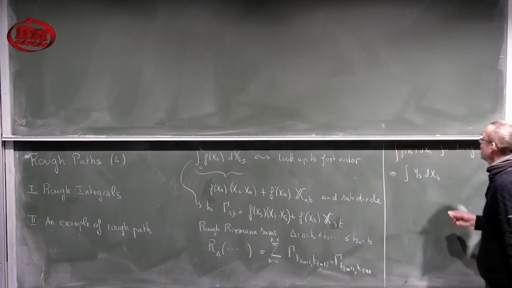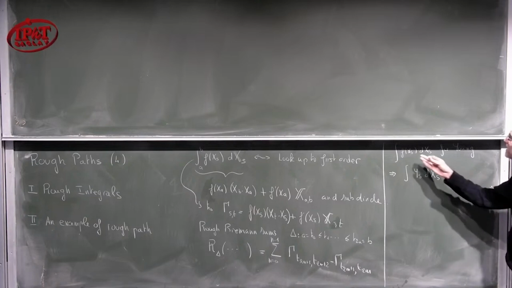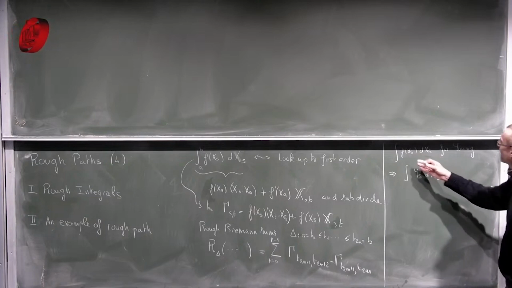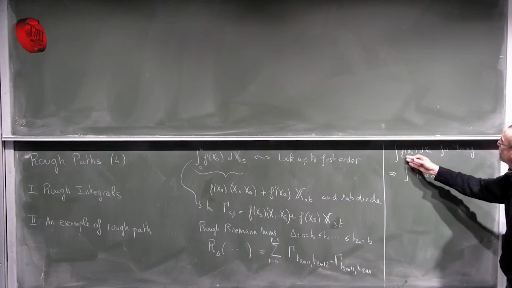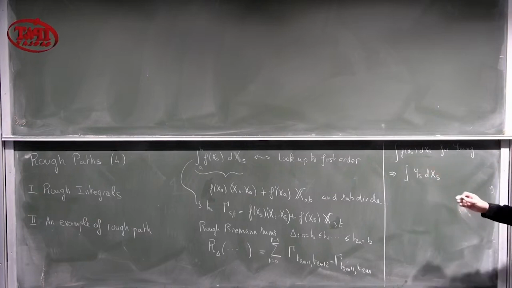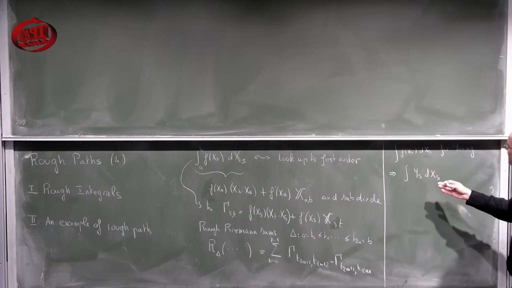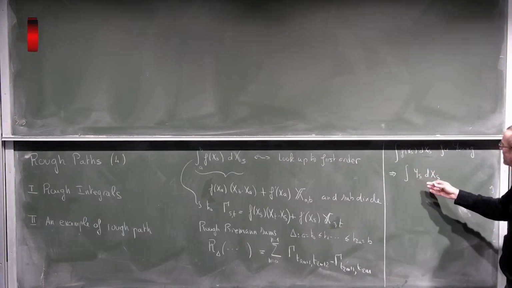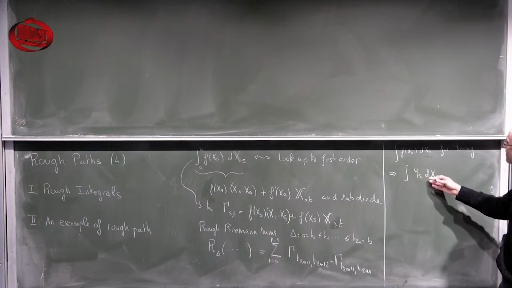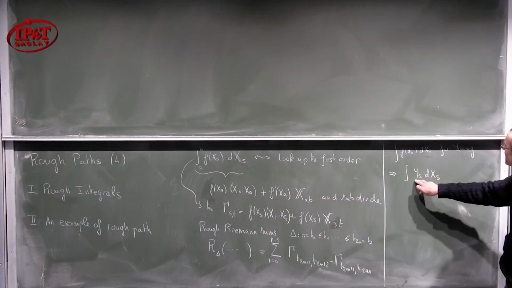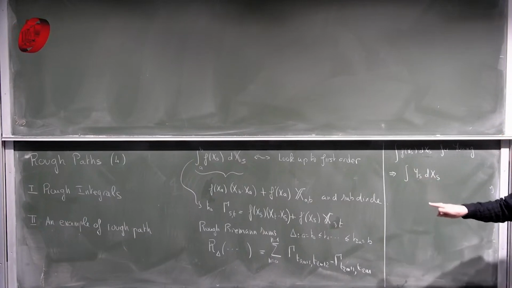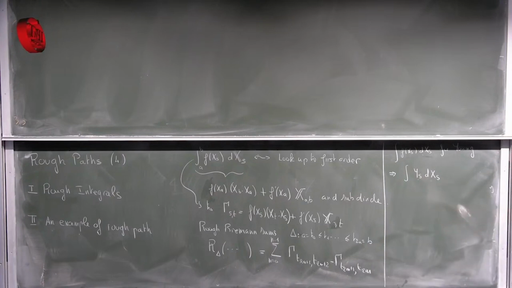So somehow we decided to loosen the relationship between the integrator and the integrand. Of course, they needed to have some joint regularity, which means that if this one was beta-Hölder and this one alpha-Hölder, alpha plus beta had to be strictly larger than 1.